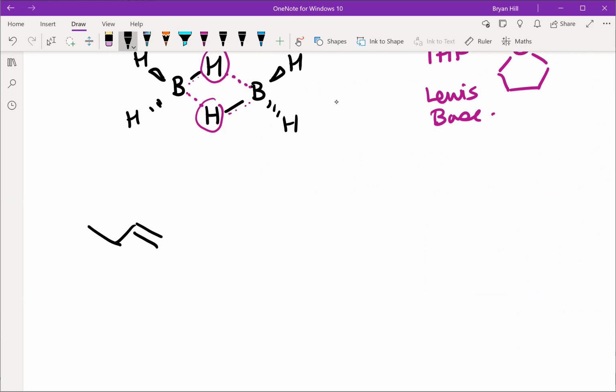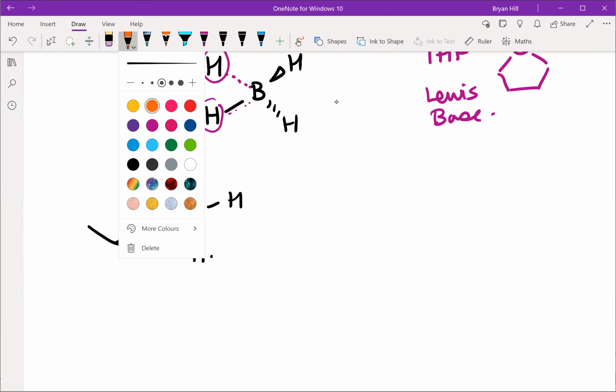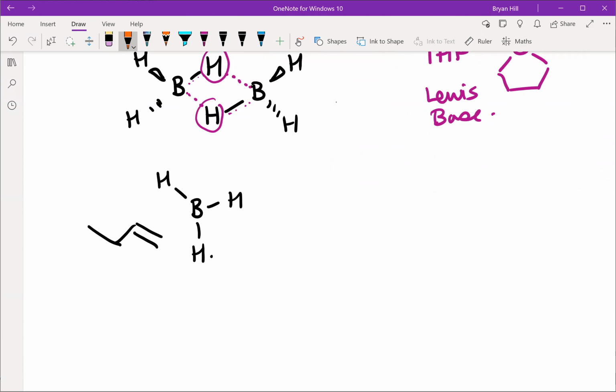Okay, so if we've got a double bond and we've got BH3, the way that this works is that the p orbitals of this, let's see here. I could actually draw this two ways. Let's draw it both ways.